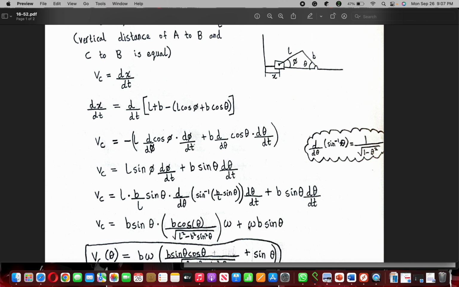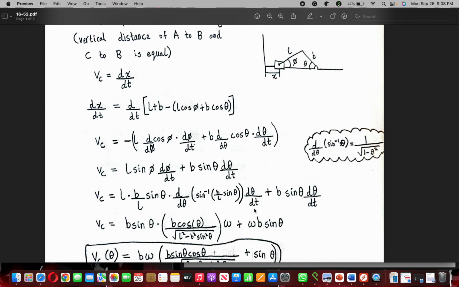And over here, d theta over dt again, it will be omega b sin θ. d theta over dt appears here because we were differentiating with respect to t, and we have to use the chain rule, and we use the sin inverse thing to differentiate this. So it is a bit of calculus over here.